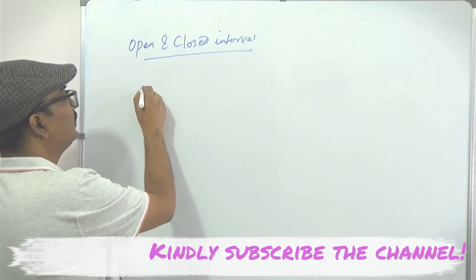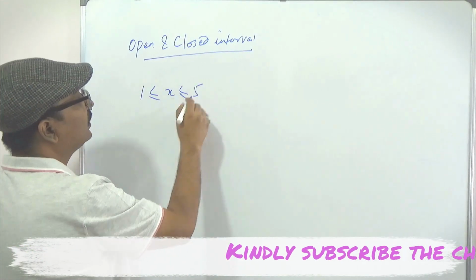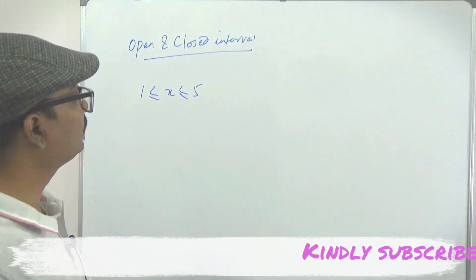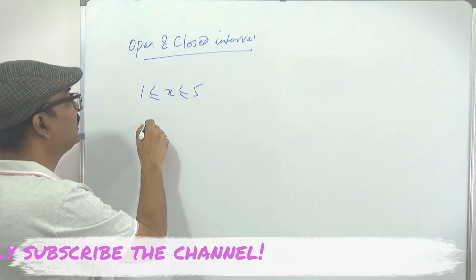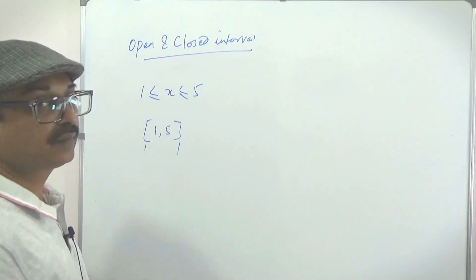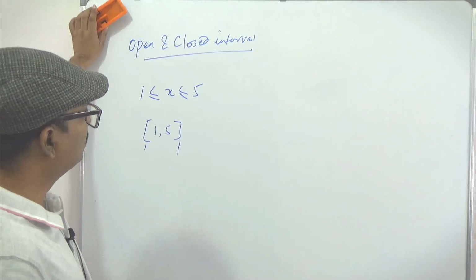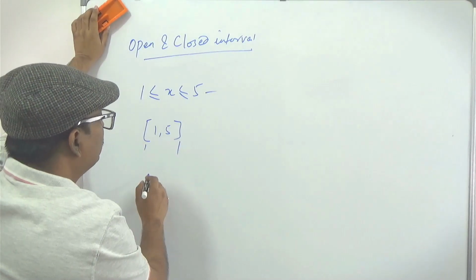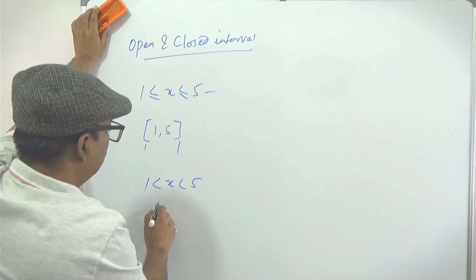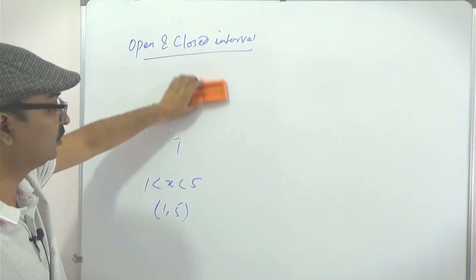Second is x greater than or equal to 1 and x less than or equal to 5. So this is represented as [1, 5] with square brackets. This is the representation. So this is a closed interval and the other is an open interval. We can have a combination also of these two.